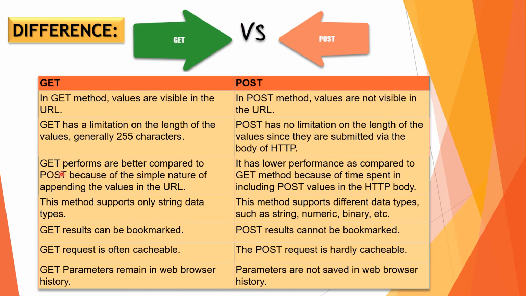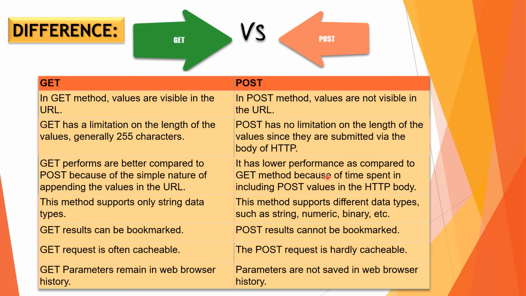In the get side, get will perform better as compared to post because of the simple nature of get, which will append the values in the URL. But post has some sort of a lower performance as compared to get method because of the time spent in including post values in the HTTP body.